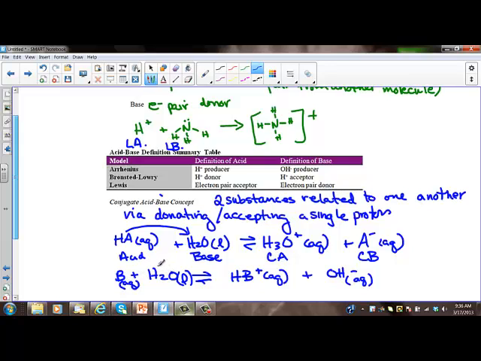So here, H2O donated to B, so this is my HB. So this is my acid, this is my base, which makes this the conjugate acid, and this is my acid, this is my conjugate base.